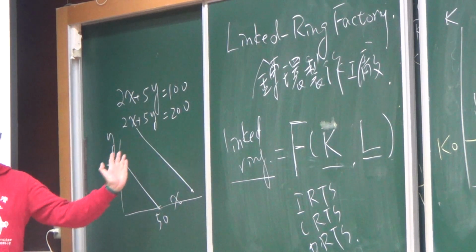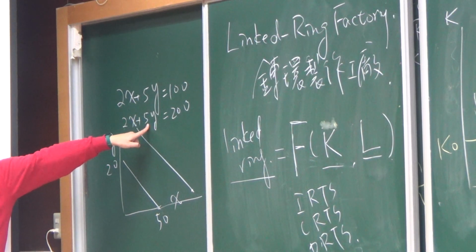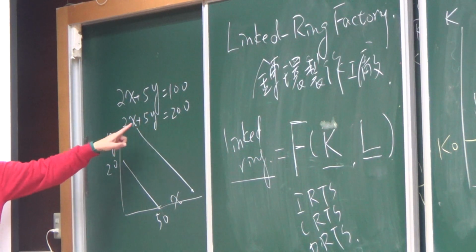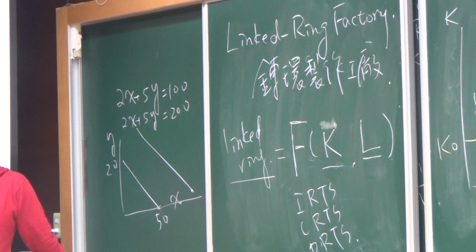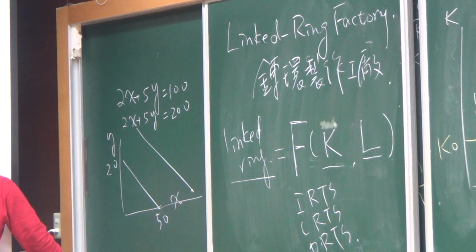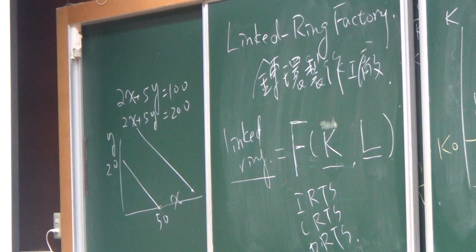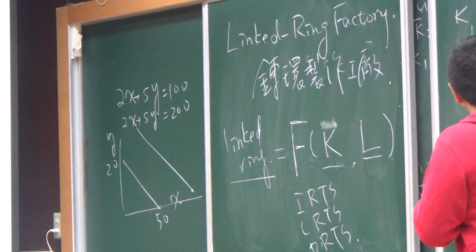The reason why it is straight is because 2 and 5 are exogenous for us because they are market prices and we are price takers. We have to take these input prices as given. Okay? So, the cost line will look like this.